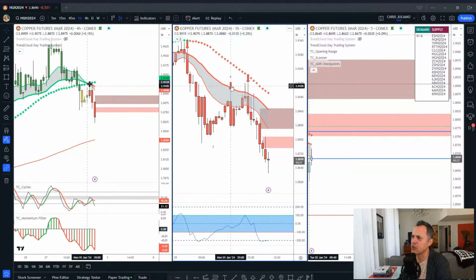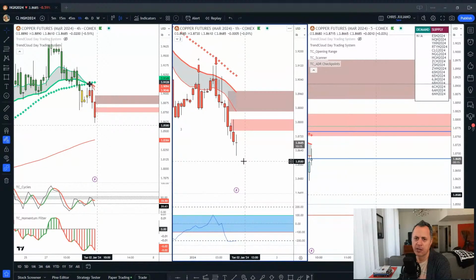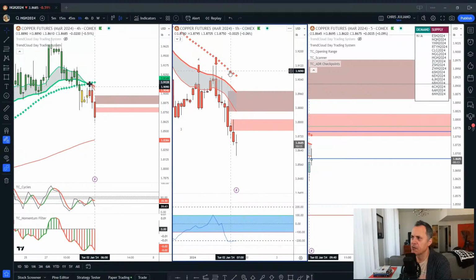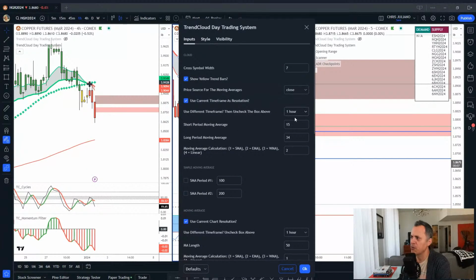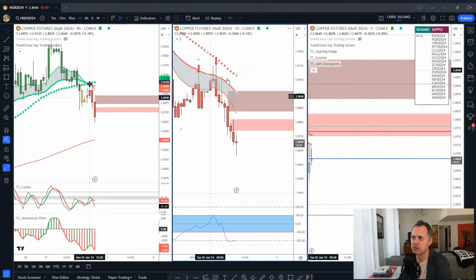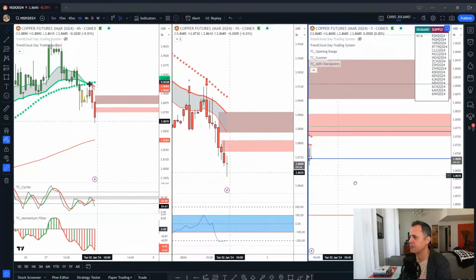Impulse down, correction into the trend cloud. Sideways movement into the trend cloud, impulse down. Okay? These are the moving averages. These are the values that we have in here. The values that we're using in here, this is what we back tested and works best in the futures market. And you'll find all of that in the beginner course.